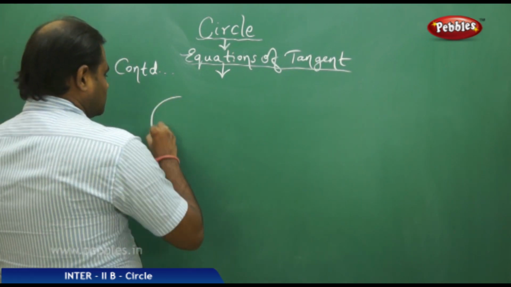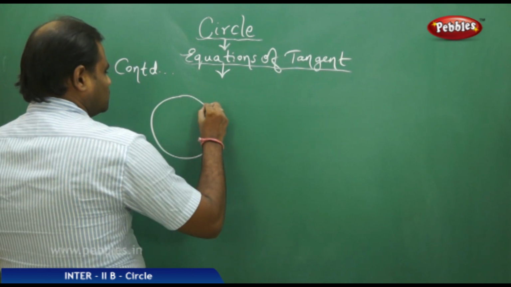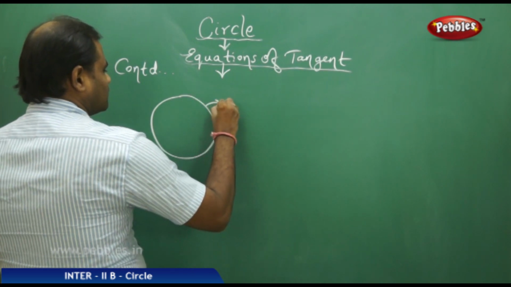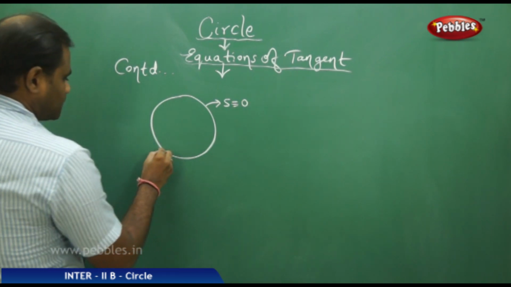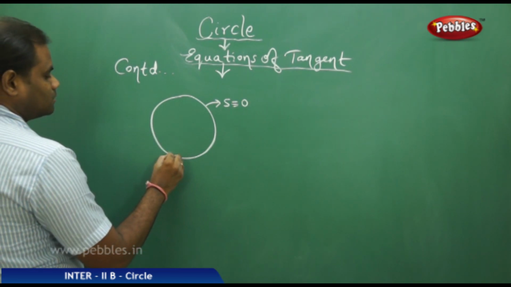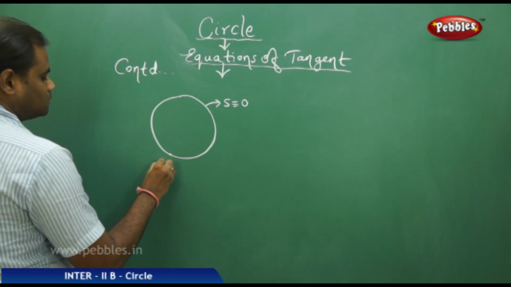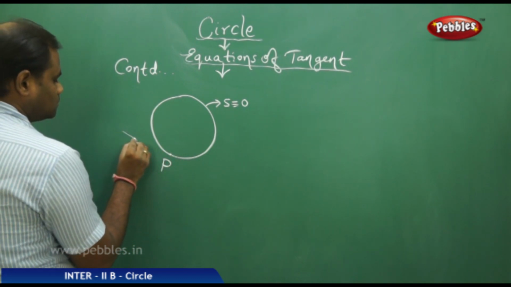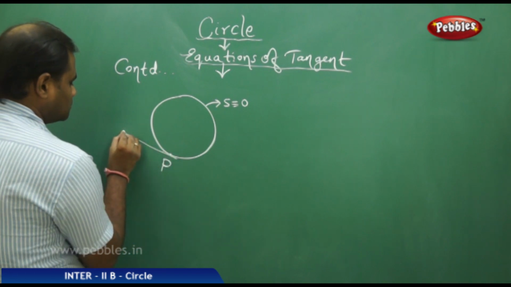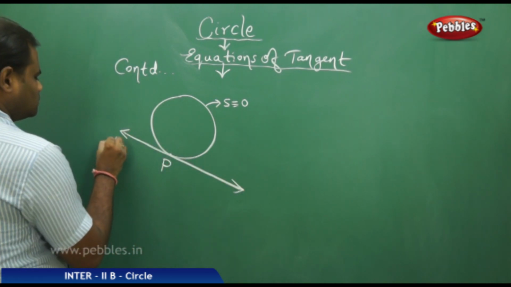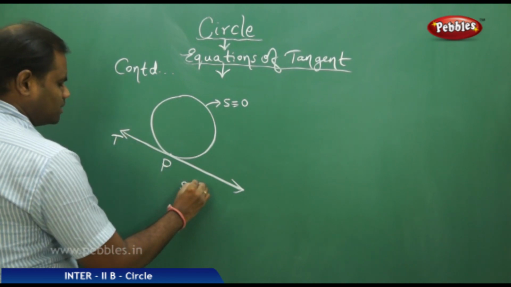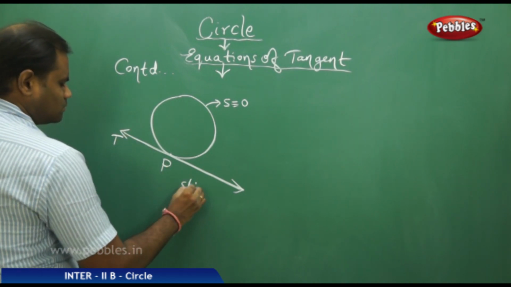So I have a circle whose equation is given by s equals 0. Now I have a tangent here whose slope is given to be m.